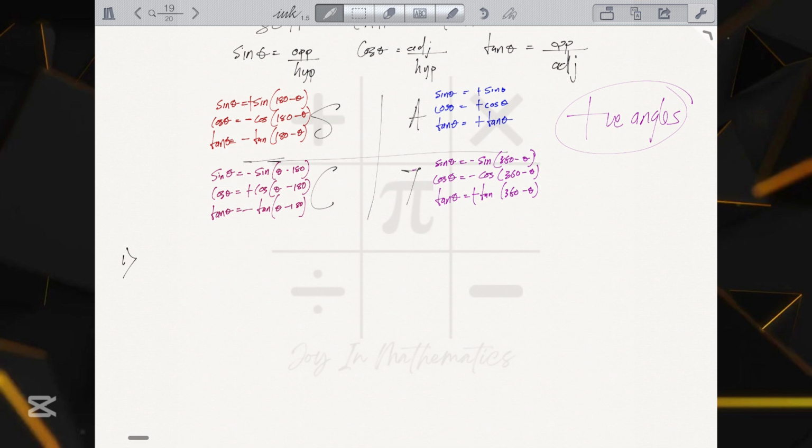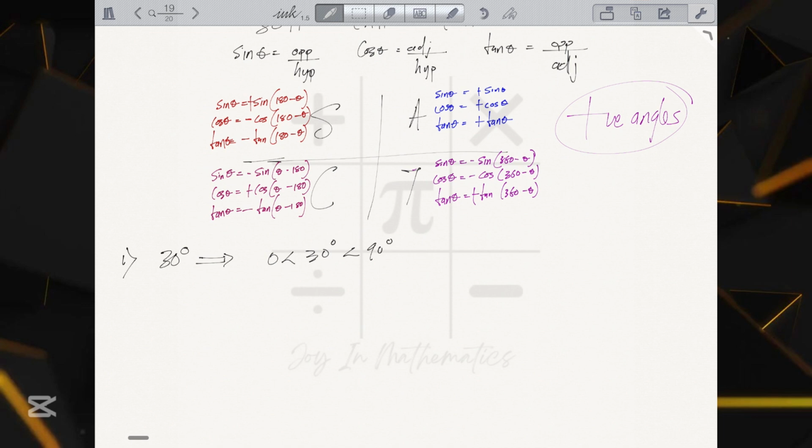So let's begin. We're given that theta is equal to 30 degrees. Now 30 degrees is in which quadrant? 30 degrees is greater than 0 but less than 90 degrees.